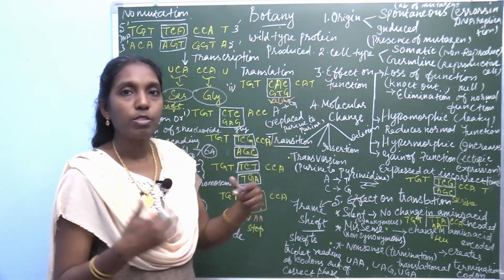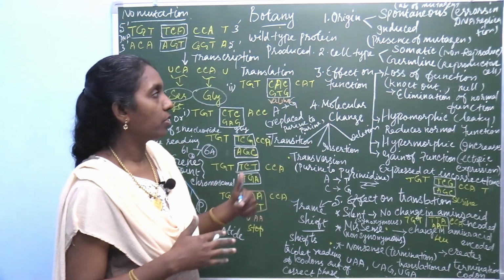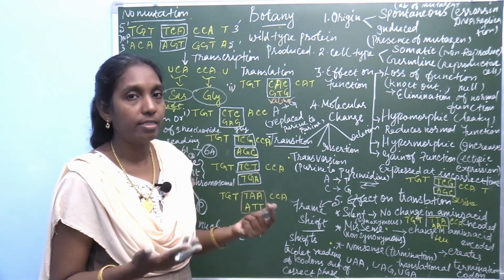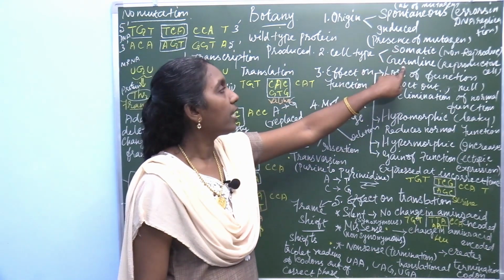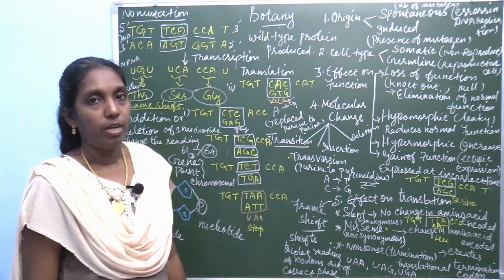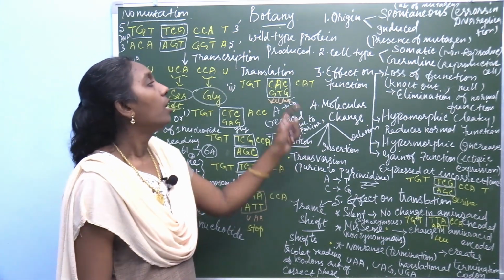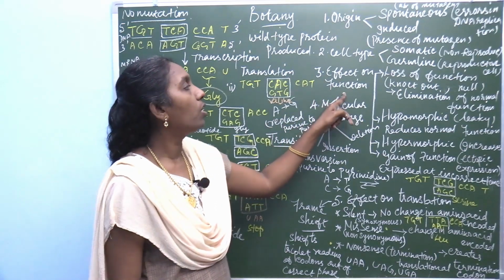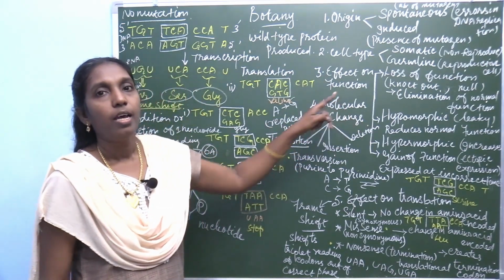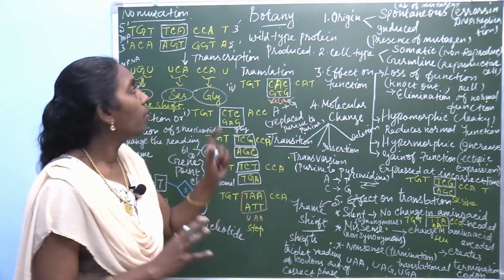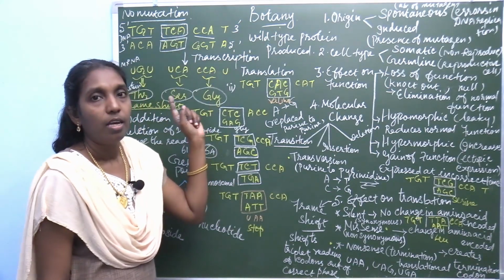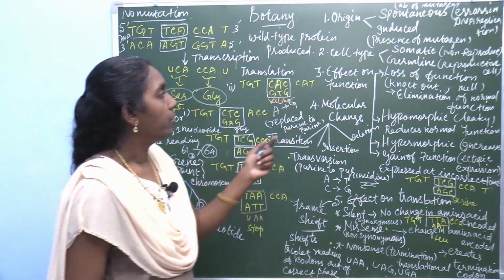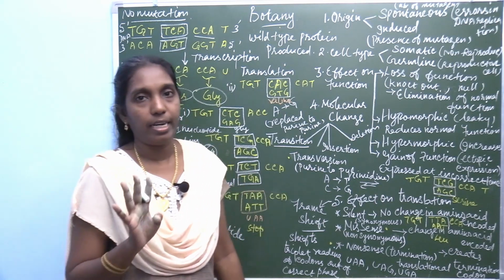Based on cell type, somatic cell and reproductive cell, which is called germline, so somatic and germline mutation are two different types. Third classification, effect on function: based on the functions of this gene, it is classified into four different types.